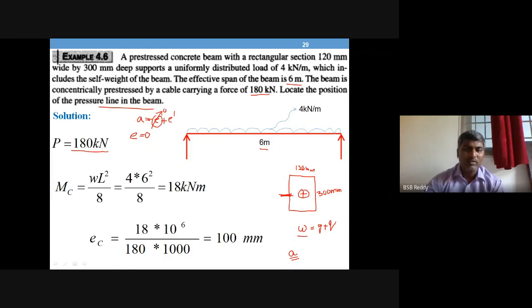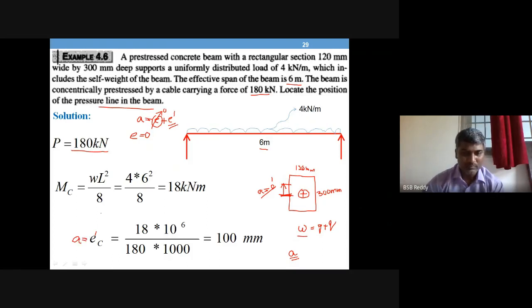So whatever A value you get, M by P, it is equal to E dash, the distance of the center of compression from the CG line. So you are directly getting the E dash value by calculating A itself. These E dash values are nothing but A values only.